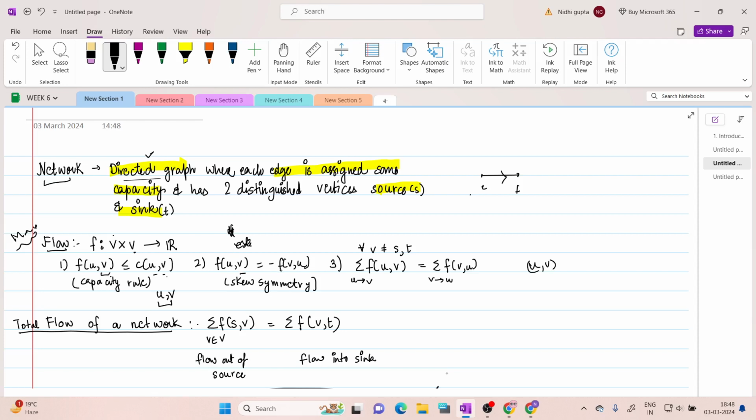Second, we have the skew symmetry, which we rarely need, that F(U,V) should be equal to minus F(V,U). Third is an important property, which is the conservation law.